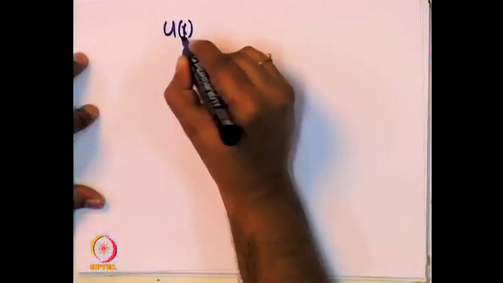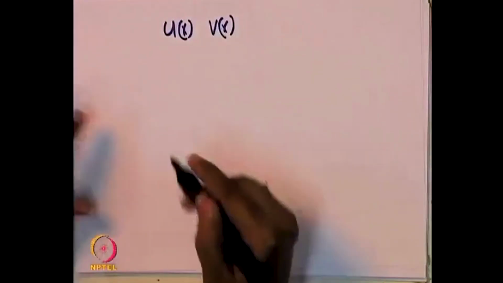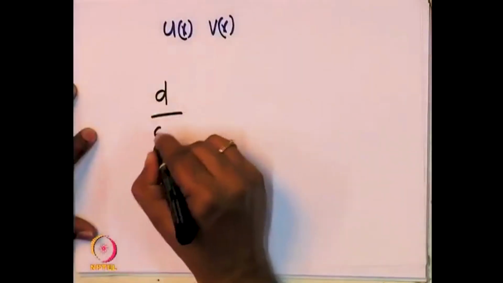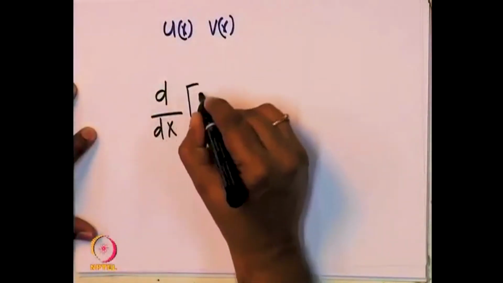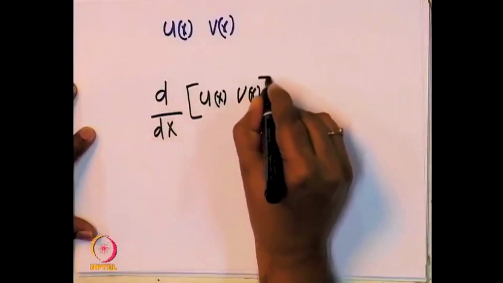And what is that? We learned that if you have two functions u and v, we have u of x and v of x. We learned something called the product rule.